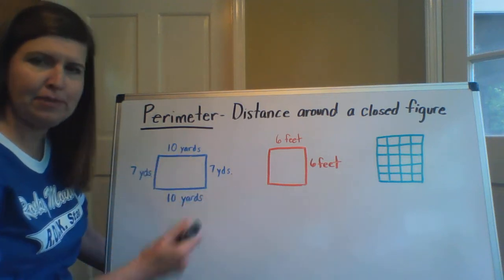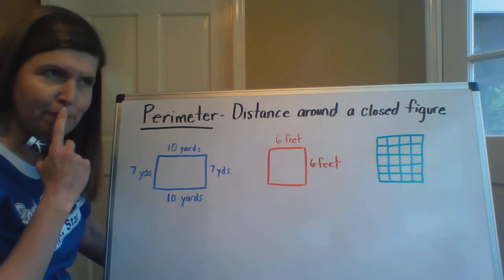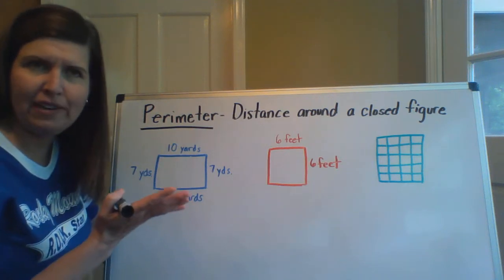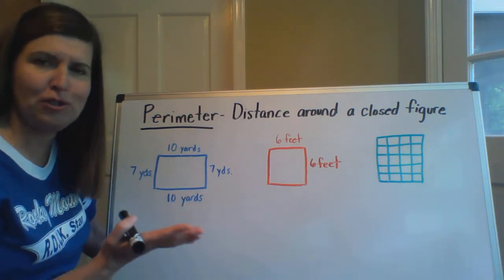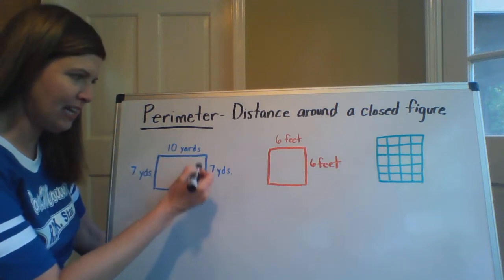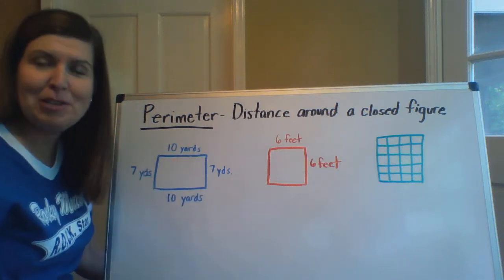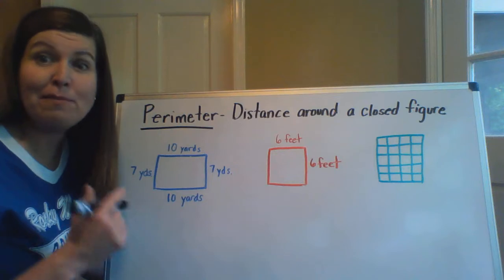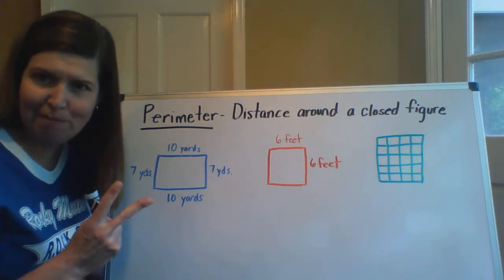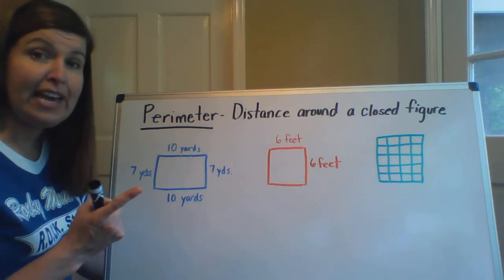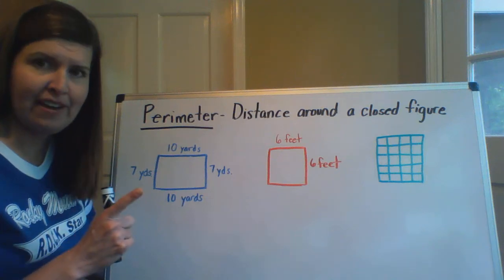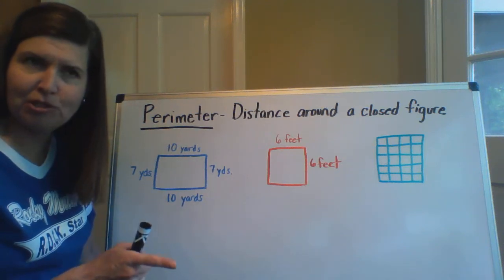And I have some examples here that we're going to do. Now, when are you going to need to be able to measure the perimeter of something and the outside of a shape? I was talking about this with my daughter, and we came up with two really good examples. One would be if you were planning on putting a fence around your yard.